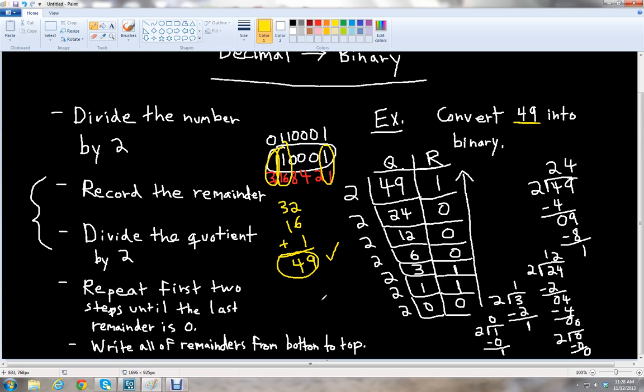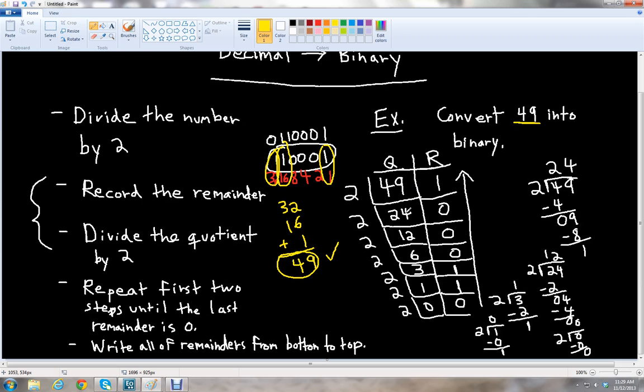Okay, so this process, the reverse process, converting decimal to binary, actually took a lot more steps than converting from binary to decimal. So let's just review the steps. We divided the original number by 2. We recorded the remainders that we wrote on this side here.